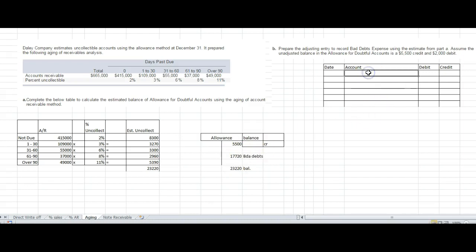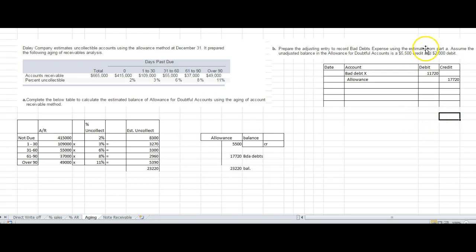And that would be my entry, bad debts expense, and then the allowance. So this would be 17,720.